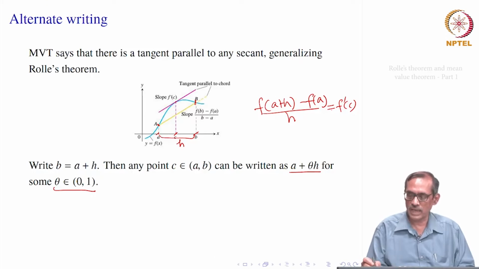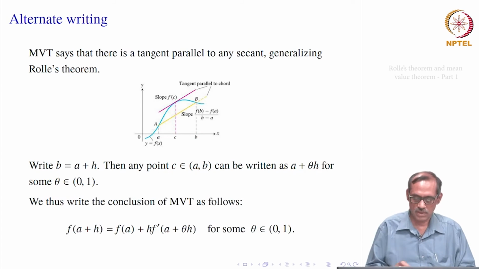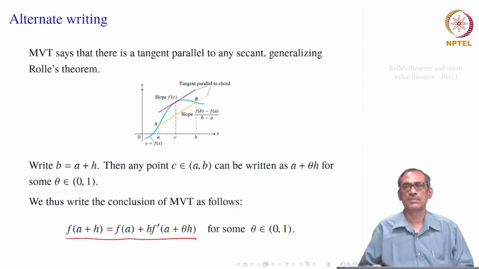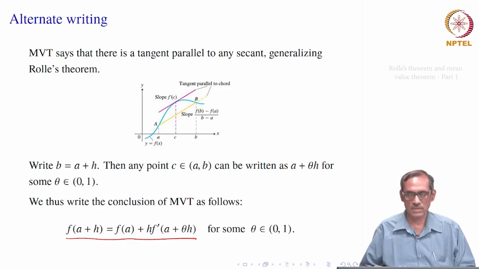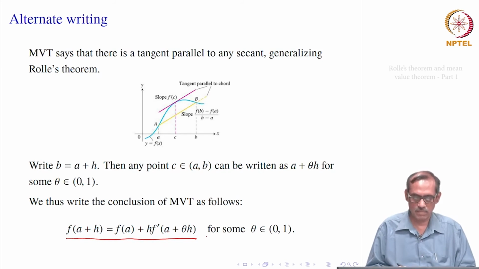So, it says that f prime at (a plus theta h) is equal to (f(a plus h) minus f(a))/h, or we write this way, f(a plus h) is equal to f(a) plus h times f prime of (a plus theta h) for some theta between 0 and 1. So, this is also another way of rewriting the mean value theorem.